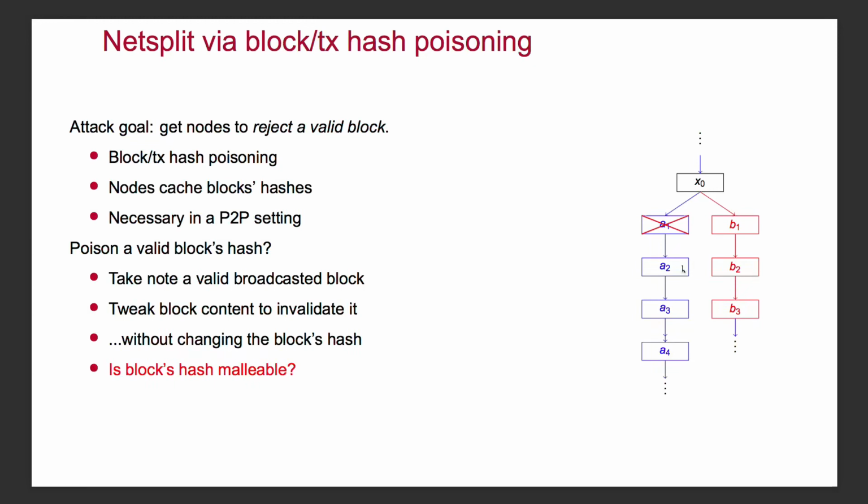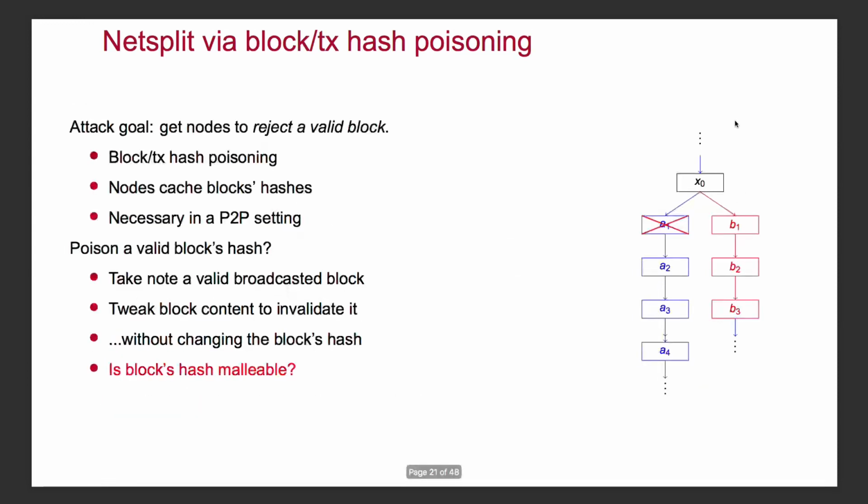So once again, the main idea here is to listen on the network for new blocks, and as soon as a new block is broadcasted, before it reaches all the nodes, you tweak the block without changing its hash, but that invalidates the block, and you quickly try to broadcast it to some other nodes. And if they receive that block first, which has been invalidated, you have kind of squatted on the valid block's hash, and these nodes can't really process the valid block anymore. And that's really the situation here with the A1 block. For example, nodes B have already received the invalidated block A1 with the same hash, and they refuse to process it.